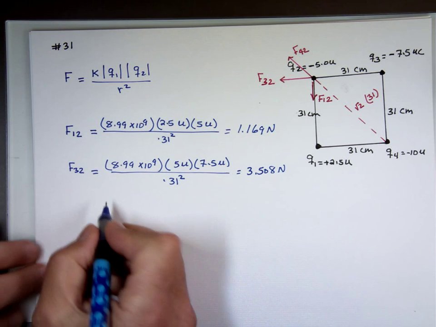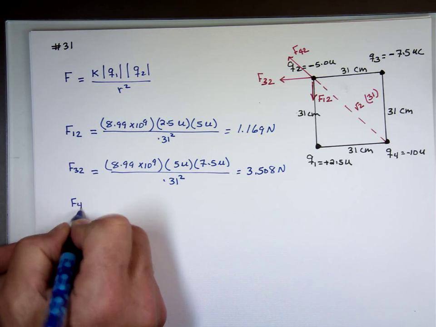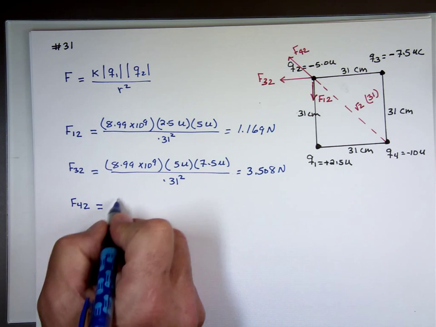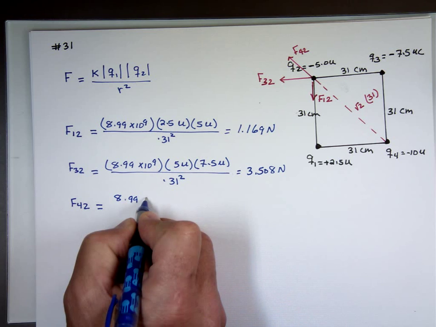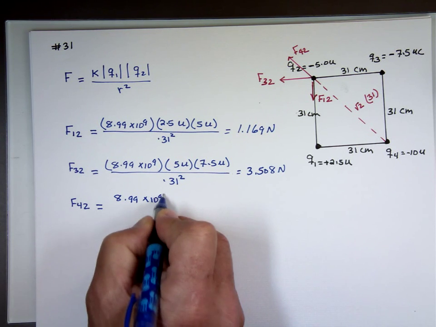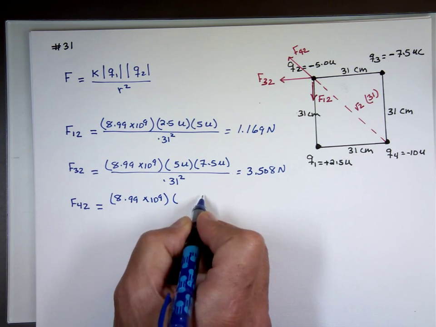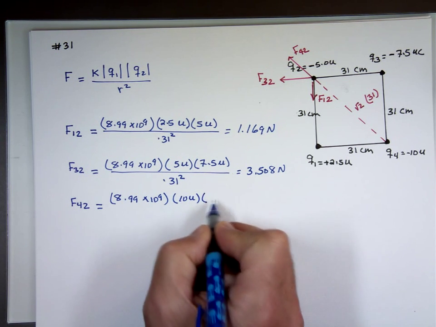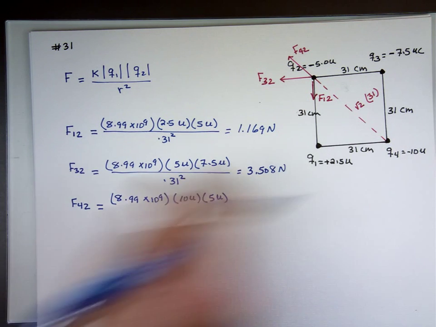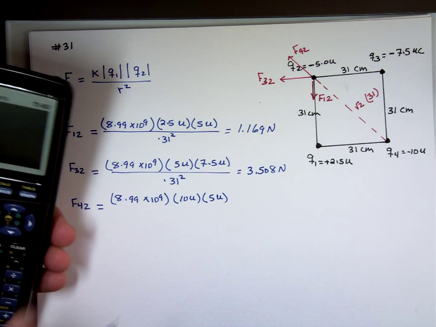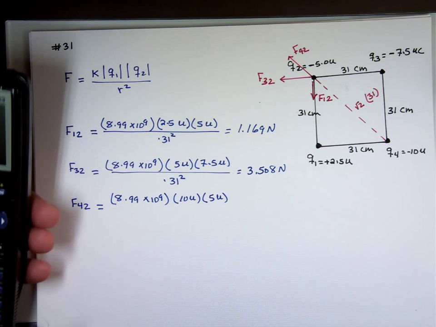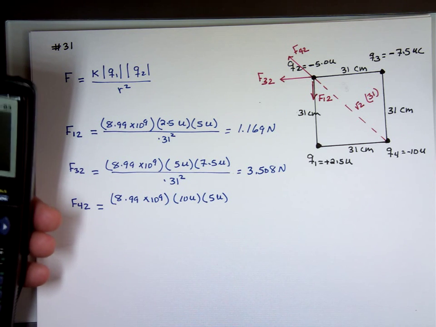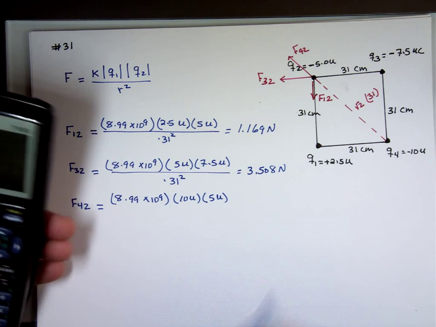And F42 is going to be 8.99 times 10 to the 9th times 10 micro times 5 micro. That distance, let's see, the square root of 2 times 31, is actually 43.8 centimeters.